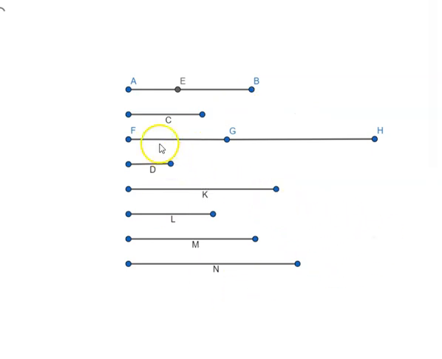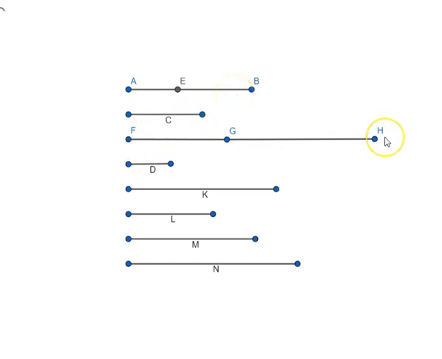Now let's see. Here we are assuming that AE is less than EB. So FG plus GH is equal to N times AB, because FG is a multiple of AE, GH is the same multiple of EB. That means FG and GH are equimultiples of AE and EB.